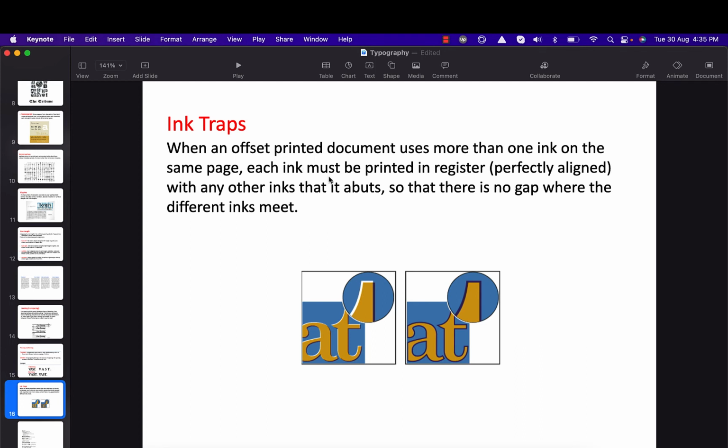When an offset printed document uses more than one ink on the same page, each ink must be printed in register, perfectly aligned with any other inks that it abuts, so that there is no gap where the different inks meet. So if you are using white like this, these inks will meet and it will ruin the whole printing. So whenever you need this, apply the same single color on all sides with proper contrast.